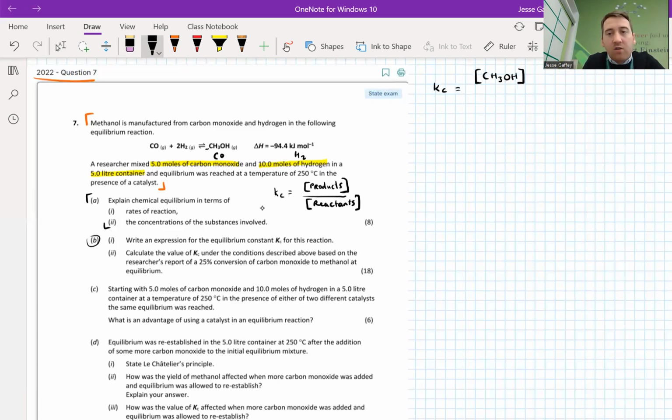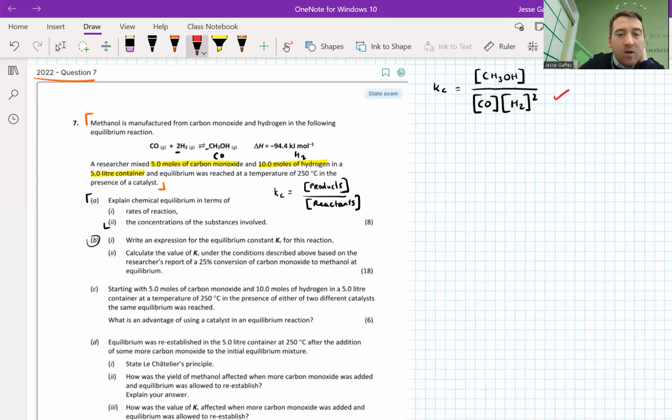Over square brackets CO, and again, there's no power on that, times square brackets H2 to the power of 2. So that 2 goes as a power here. And how many marks was that? 6 marks, I believe. So a nice easy 6 marks. You should all be able to do that now.